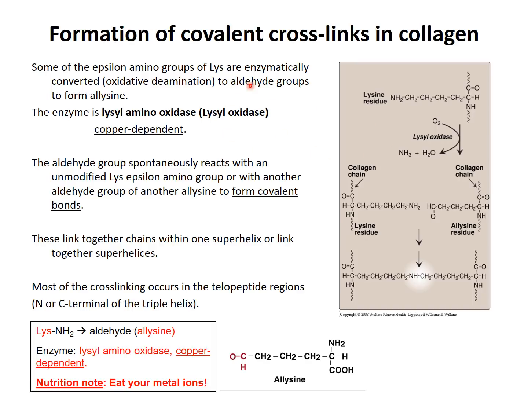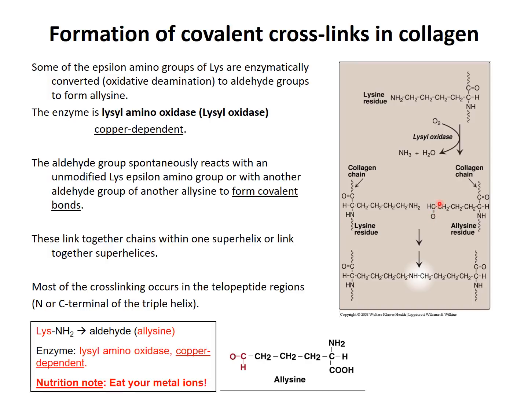So we need an enzyme for the covalent cross-linking, which we call lysyl oxidase. This lysyl oxidase enzyme is actually producing an aldehyde group from the amino group of a lysine residue at strategic locations within the triple helix of a collagen monomer. This particular aldehyde group is very reactive.